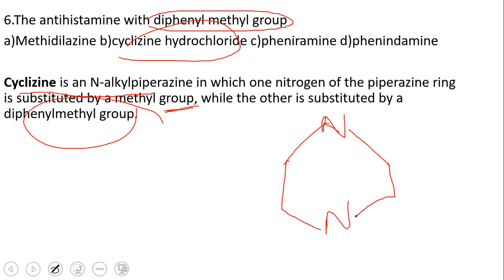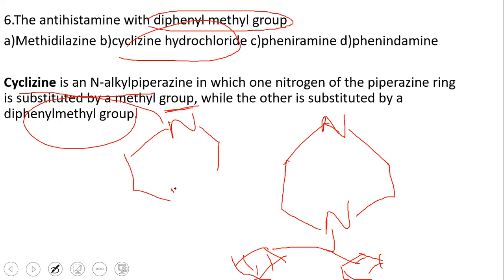This is the piperazine moiety, substituted by a diphenyl methyl group. Once again, I will try to draw. These are benzene rings.